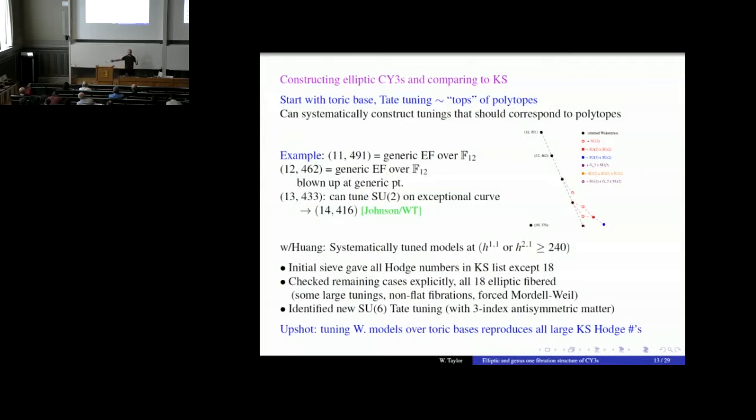They had some weird large tunings, some non-flat fibrations, some weird forced Mordell-Weil groups, and it allowed us to identify a new kind of Tate tuning of SU6 with triple index antisymmetric matter, but basically everything fit together there. So the upshot is that tuning Weierstrass models over toric bases reproduces all of the large Hodge number things in the Kreuzer-Skarke database. But at many Hodge numbers, as you go down, there's lots of different polytopes. So this is not really a tractable way of analyzing the whole database.